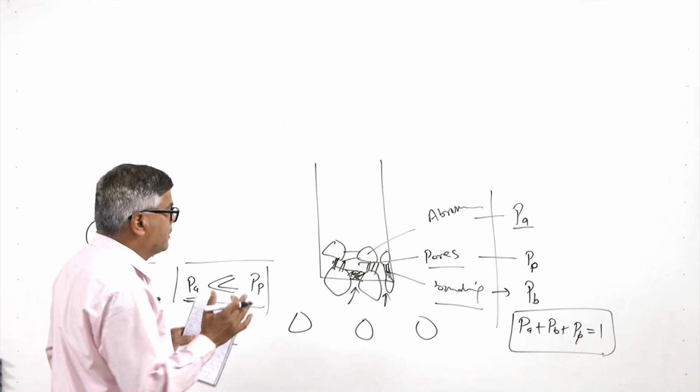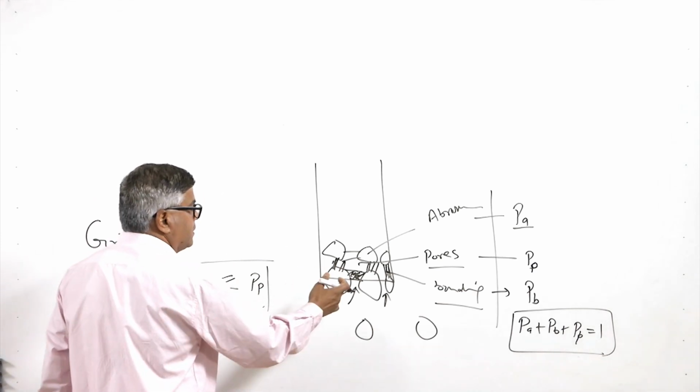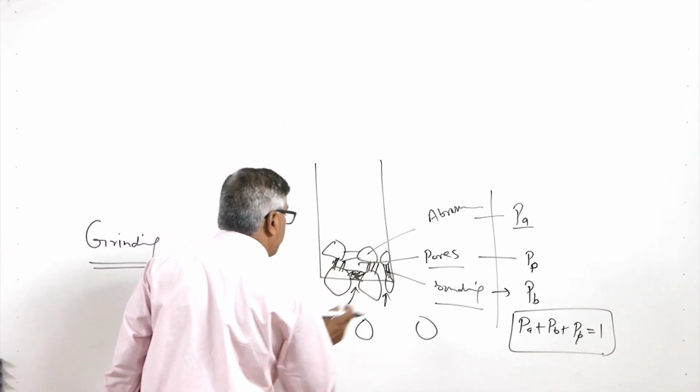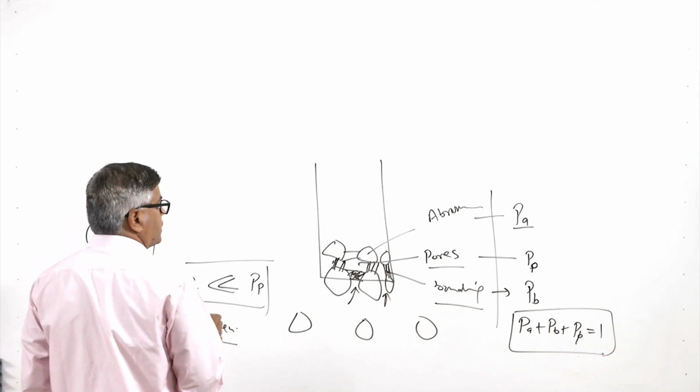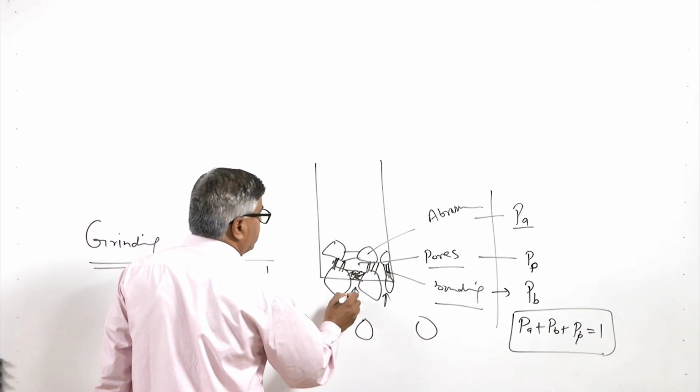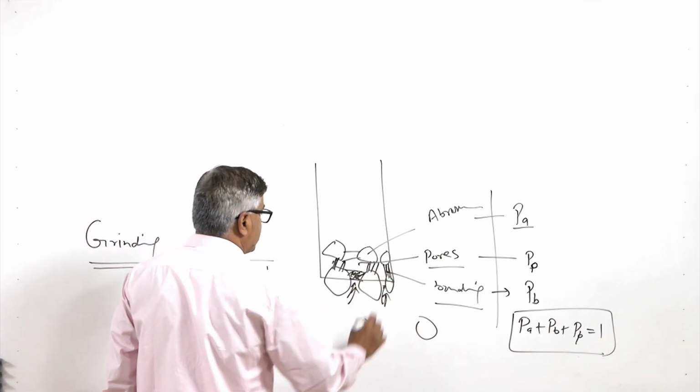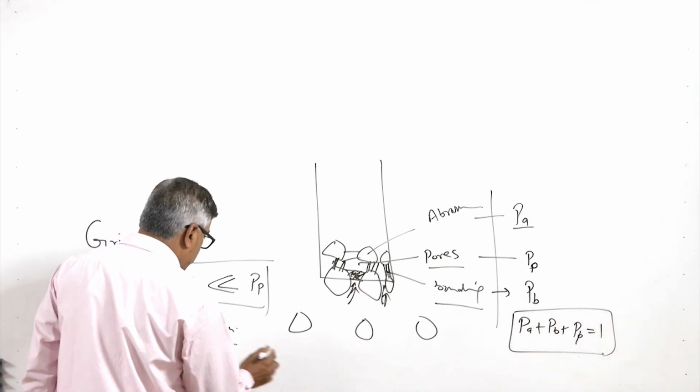A lot of gaps will be present between the abrasives. So, this will provide a lot of chip space. After getting removed, the chip will be accommodated in these spaces in case of the open structure.